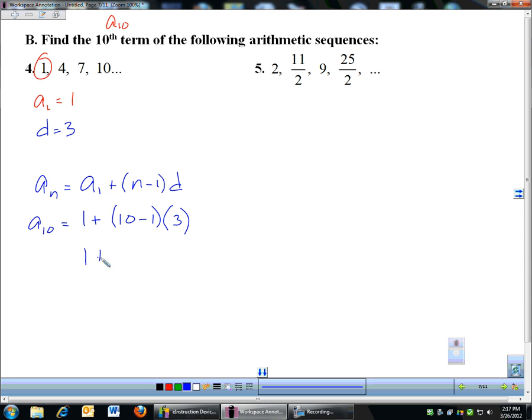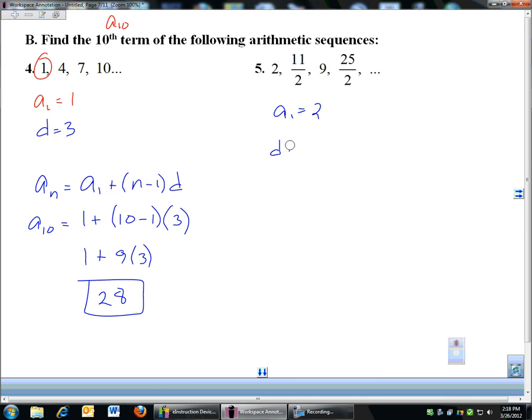So that's 1 plus 9 times 3. 1 plus 27 is 28. There's your 10th term. We won't do this next one just for the sake of saving time, but the first term is 2, and the difference, 11 over 2 is 5.5, so the difference looks like 3.5. And then you'll plug 2 and 3.5 and 10 in for a sub 1, n, and d.